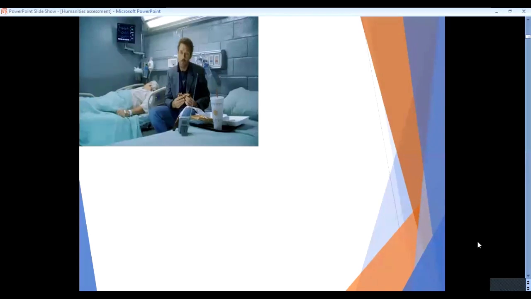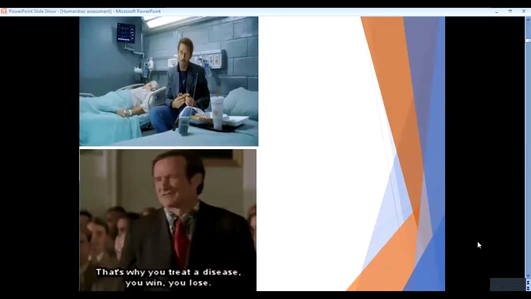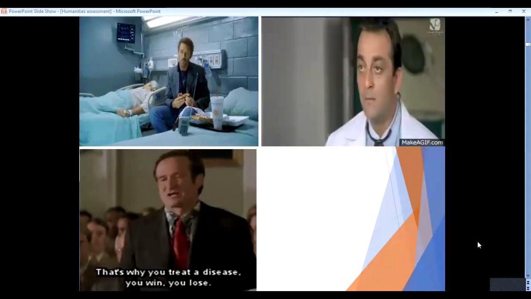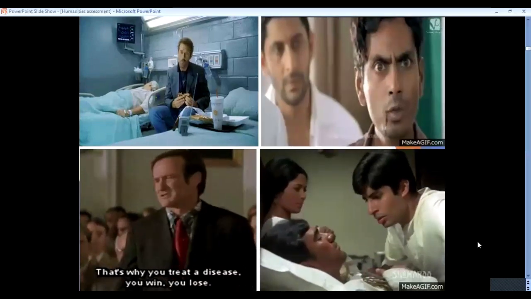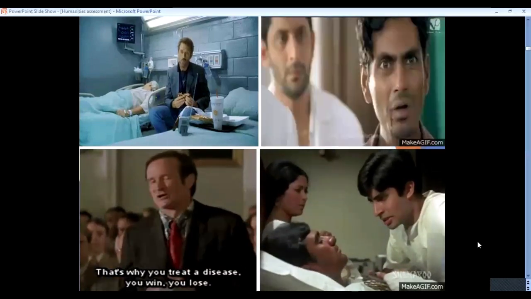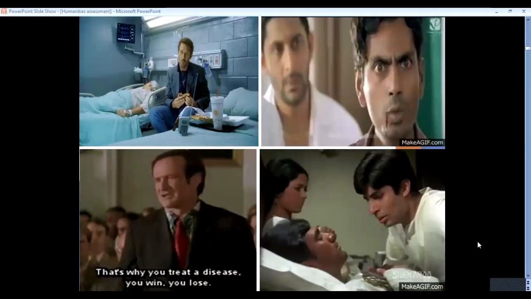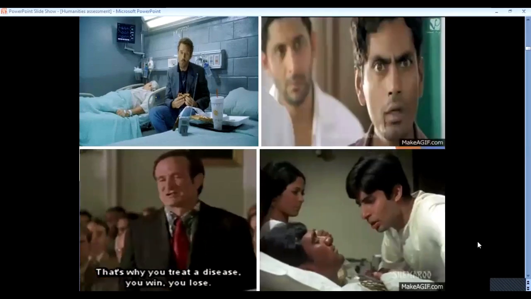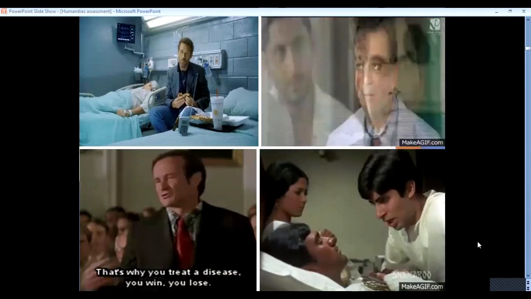Next one, please. You can see here different shades of humanities have been shown. The first one, Dr. House, is sitting near a patient, and he's a very good clinician. He has immense clinical competence, but his attitude towards his patients is sometimes very bizarre, which makes him a little unpopular among his patients.